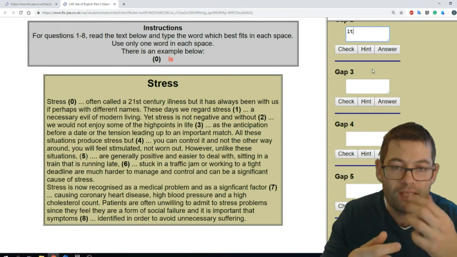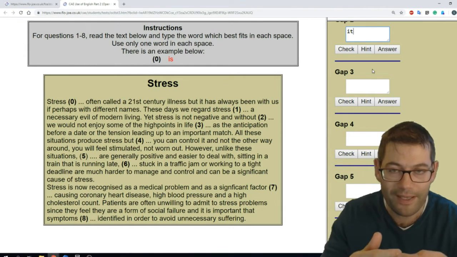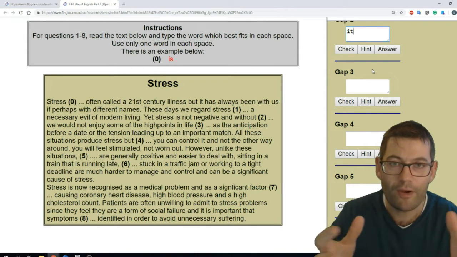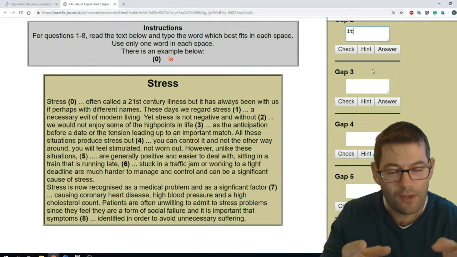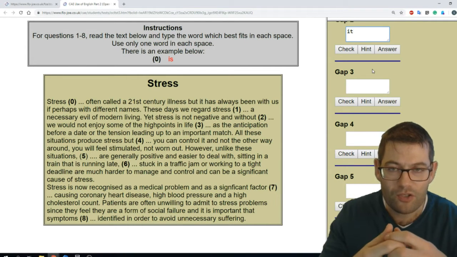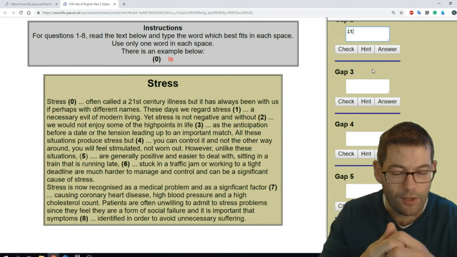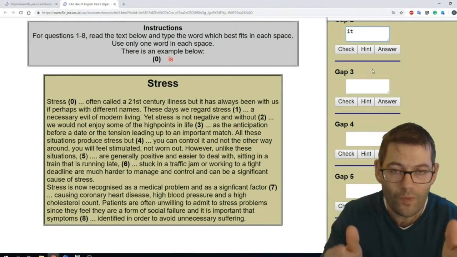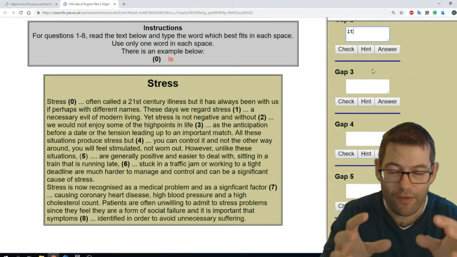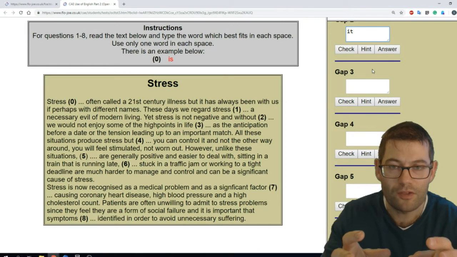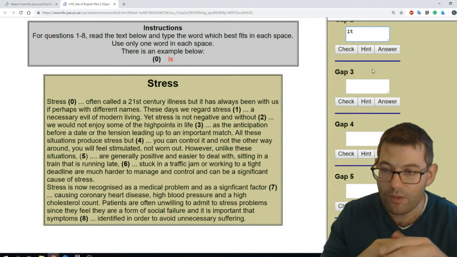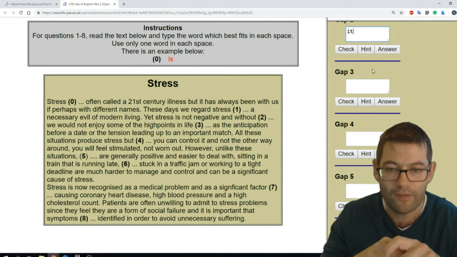You can think of lots of ways to replace my brother in simple ways without having to have a great knowledge of English. So, given that we use substitution so early in our learning of English, why it's only taught at advanced levels, I've got absolutely no idea. Because substitution very often appears in this open cloze, and it's something that you've got to watch out for as well. So these days, and without it, we would not enjoy some of the high points in life.